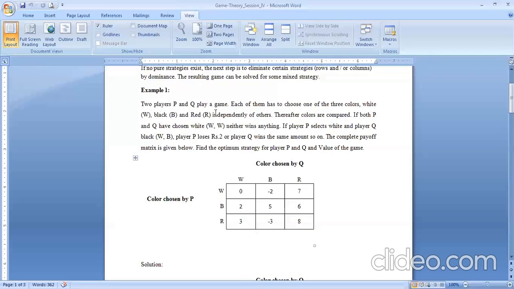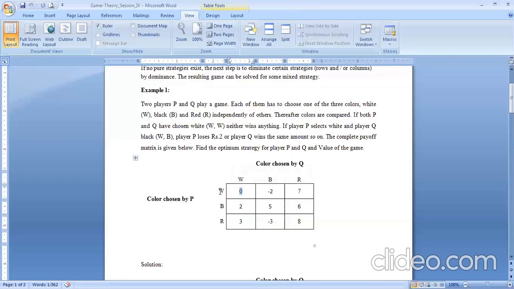And the payoff matrix, as defined in the problem statement: if player P selects white and player Q selects white, both select white, then neither wins anything. When it is W and W, nobody is going to win anything, so the payout is 0.